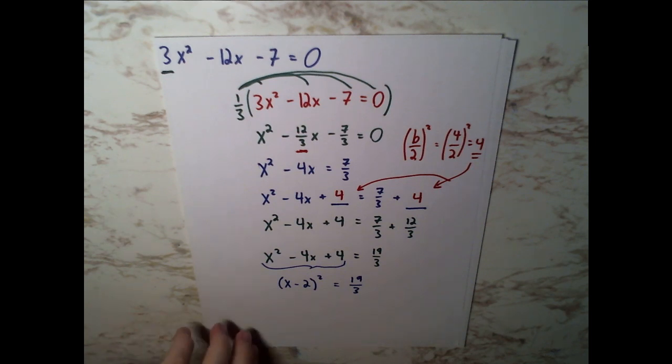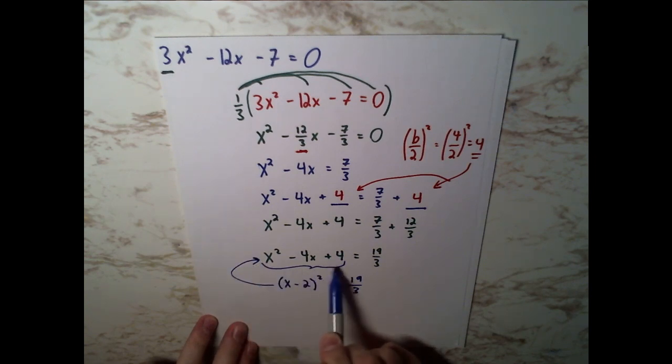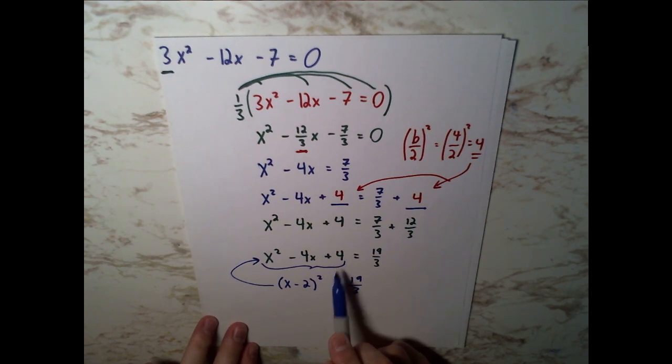And just remember that if you FOIL this out, you should get right back up to this quadratic here. So maybe do that on your own. Multiply x minus 2 with x minus 2, and make sure and verify that this is what you get out.